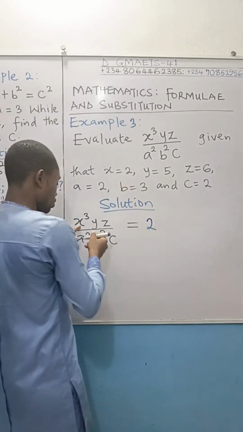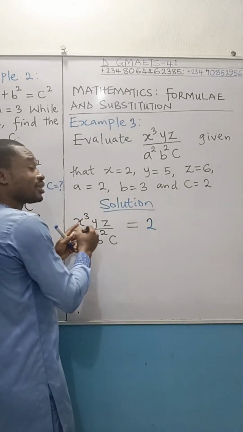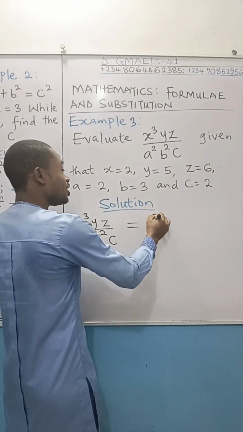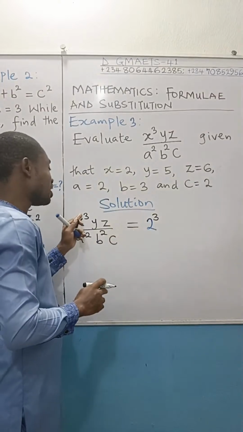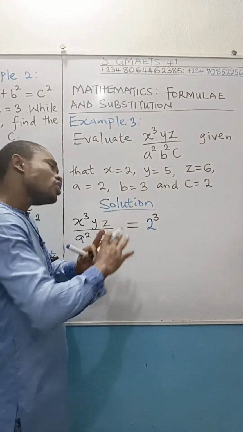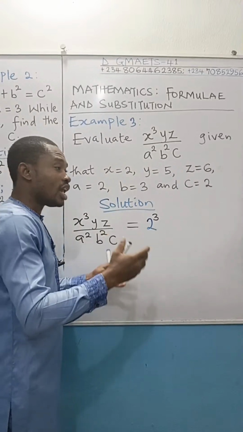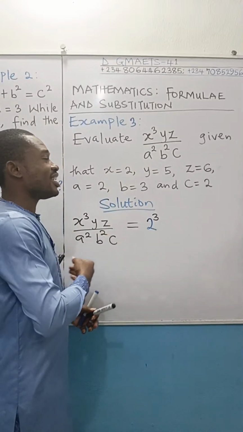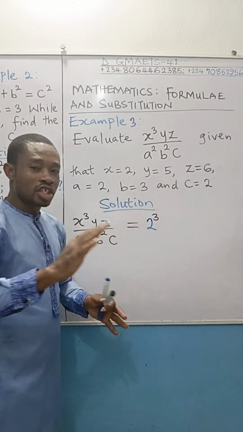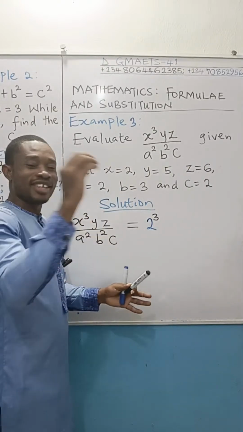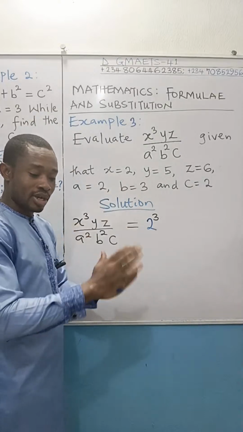This x is raised to the power 3, so you write the 3 like that, because 3 is a constant, a number. It doesn't change. I have told you, if a formula or an expression has a number in it, you don't change that number. It's already a number, so you maintain it.